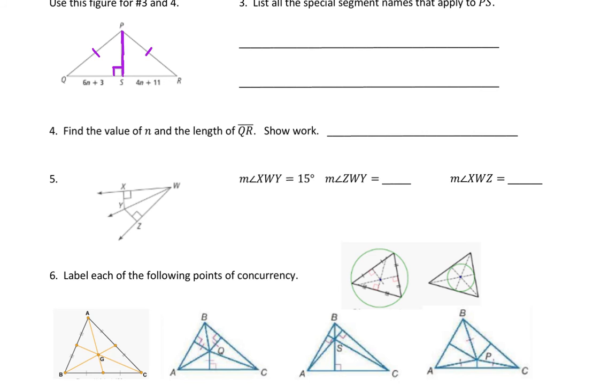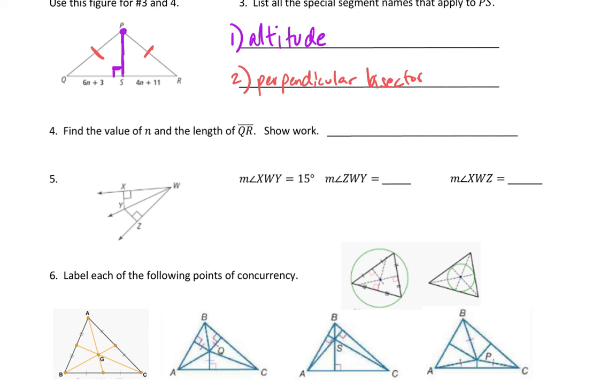First thing I see is that it's the altitude, but it's going to be more than just that. It's an altitude because it's perpendicular and goes to the vertex. Check. But it's also a perpendicular bisector, and I can see that because it's equidistant to each endpoint.